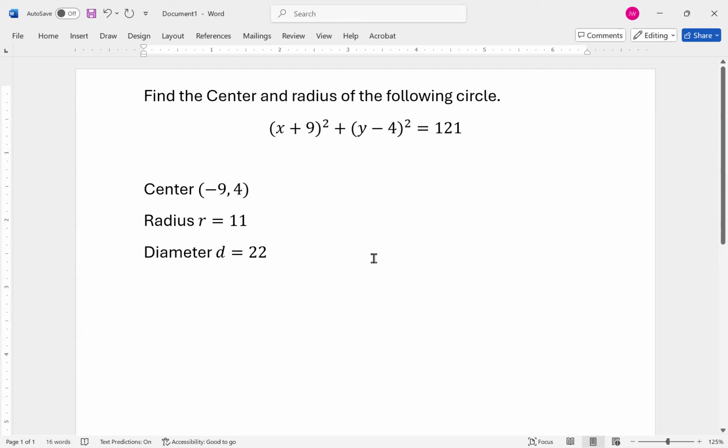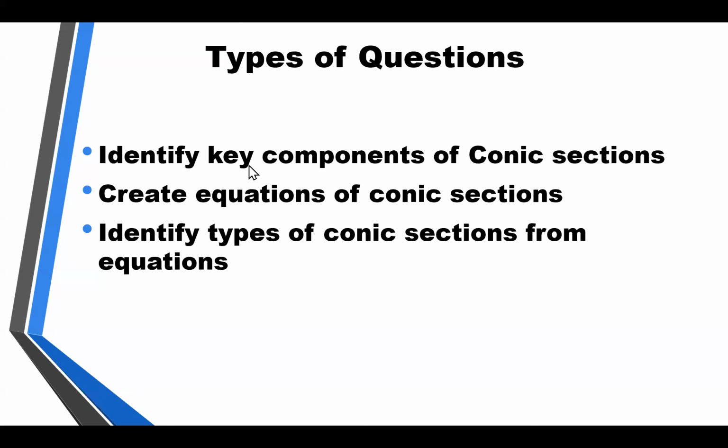So center, radius, diameter, that goes pretty quickly for a circle when I already have this really nice standard form. Now that's the identify key components type of question. Key components to a circle are the center, the radius, the diameter, maybe some points on the circle, but in this question it didn't ask for points on the circle.